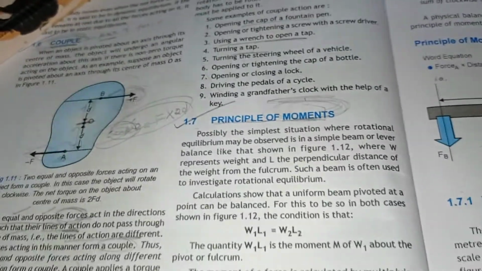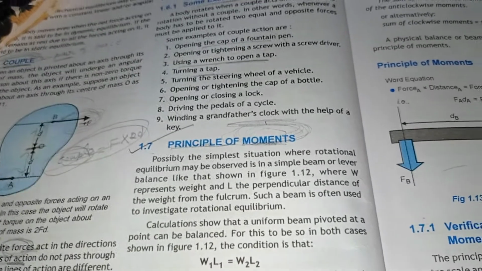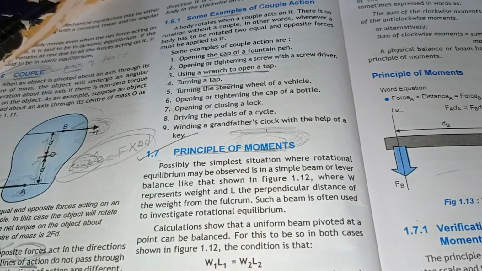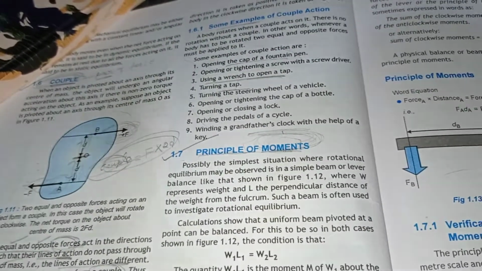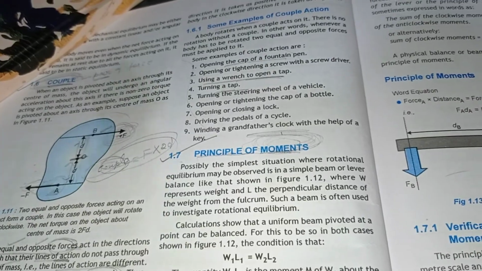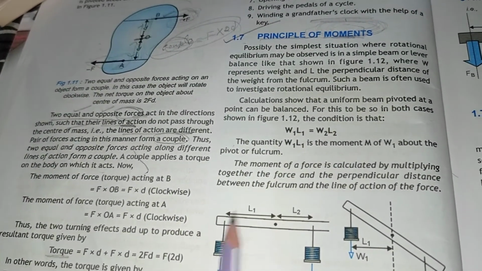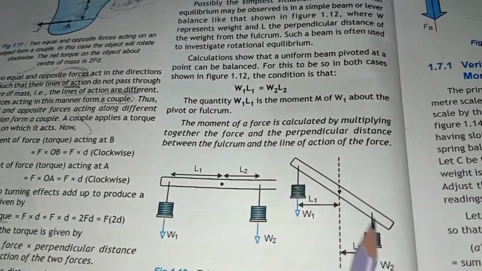In order to attain rotational equilibrium, we can illustrate it with the example of a simple beam. This is the simple beam and this is the lever balance.